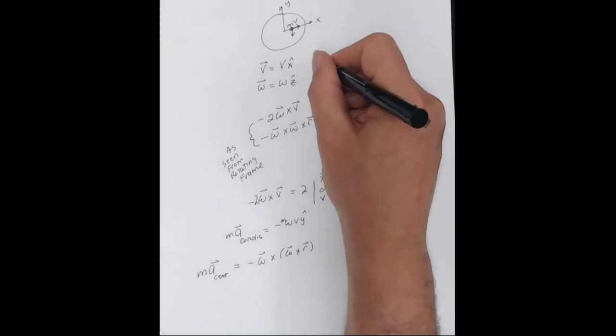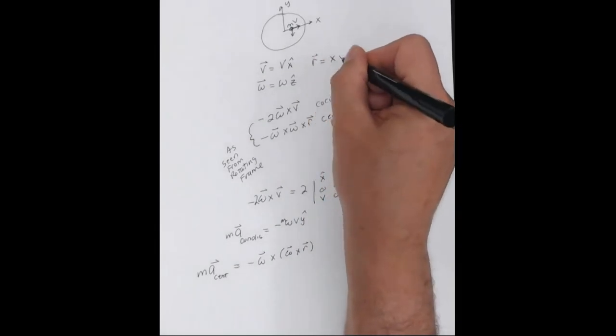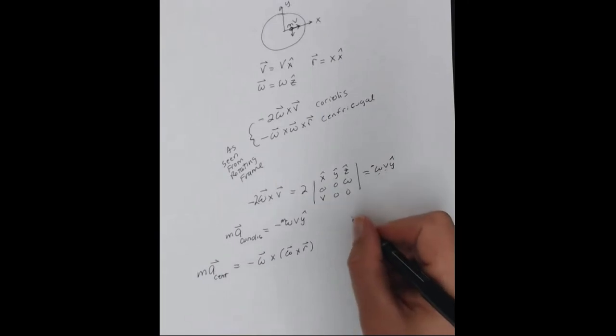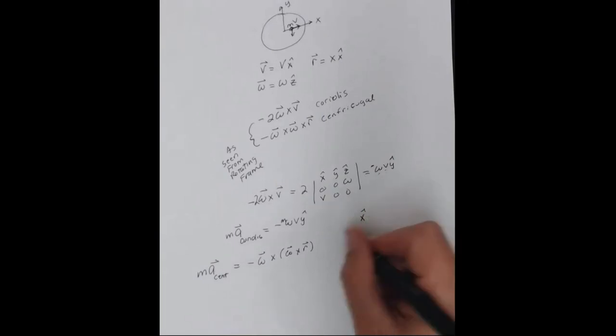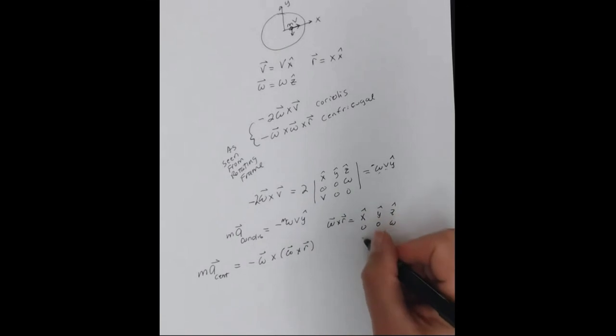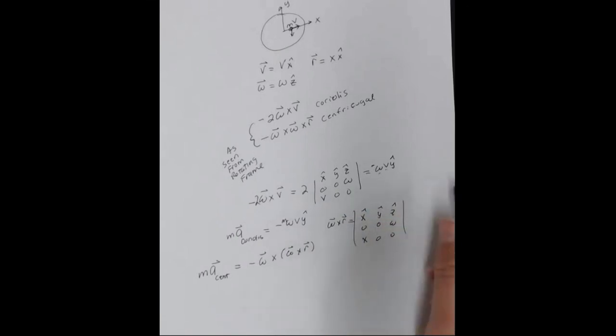I guess I should have written that r is x in the x hat direction. So omega cross r: omega is in the z direction, r is 0, 0, x. Just like what we did up above, we get omega cross r is equal to x omega in the y direction.